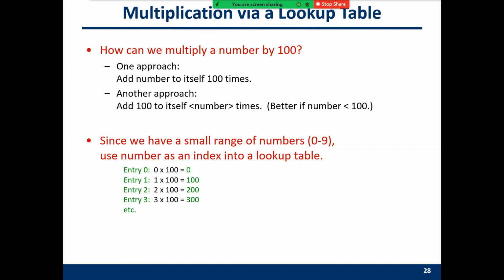The first entry indicates 100 multiplied by 0. The second one indicates 100 multiplied by 1. So instead of doing a multiplication, if we have 9 multiplied by 100, then we can directly look up the entry of this table.